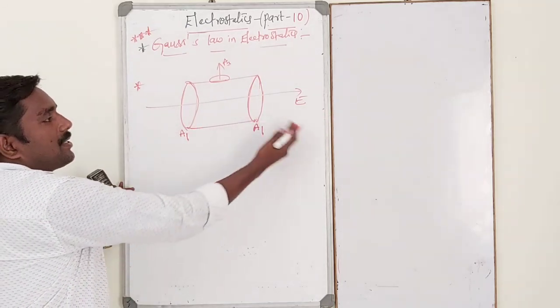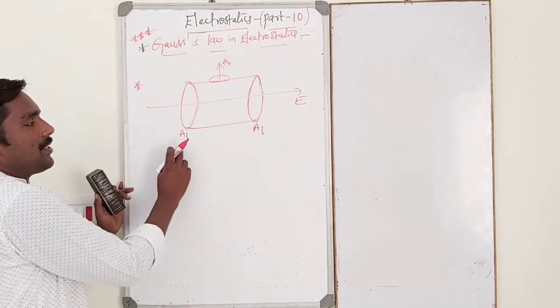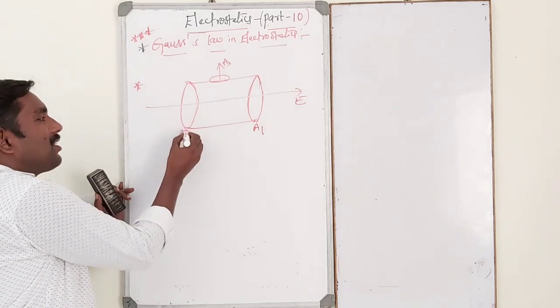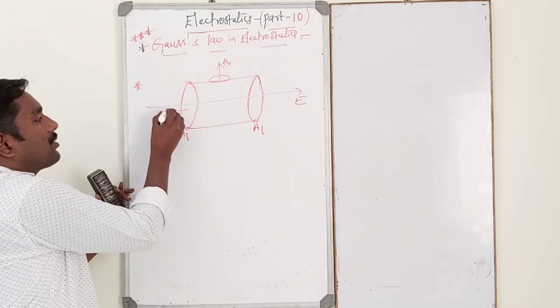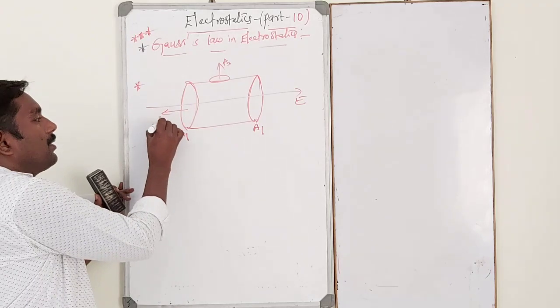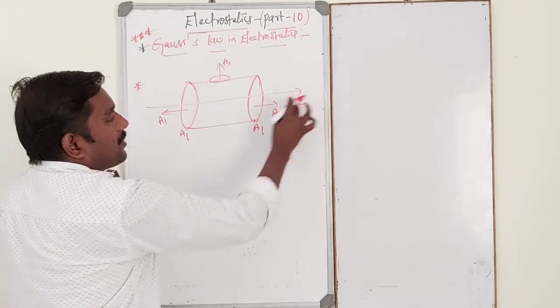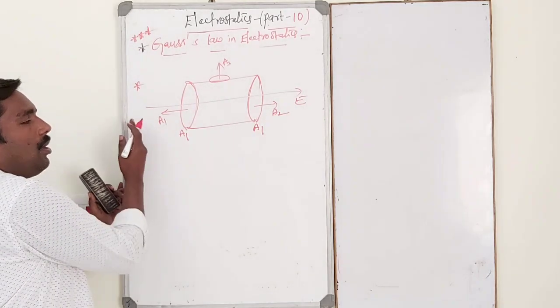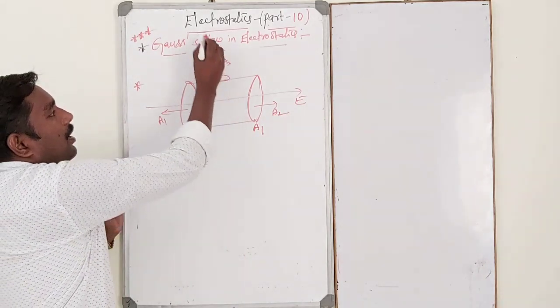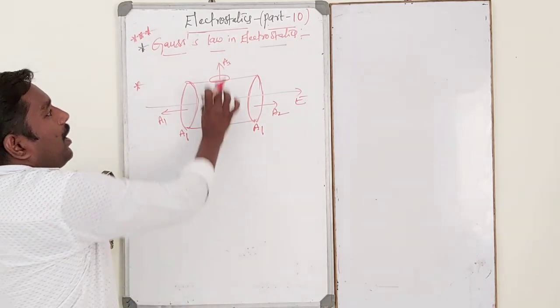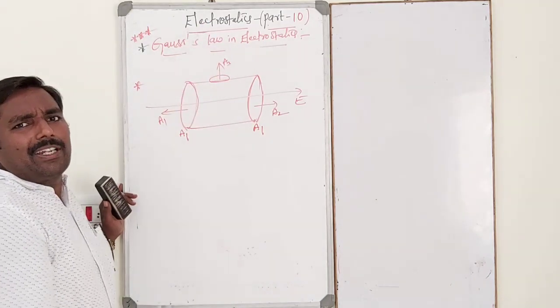This is the first side, this is the second side. The direction of A1 is like this, the direction of A2 is like this, outwards. A3 upwards, or inwards, whatever.